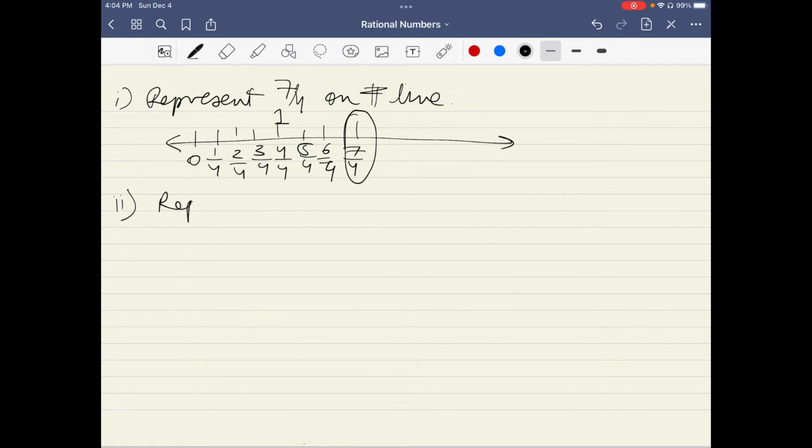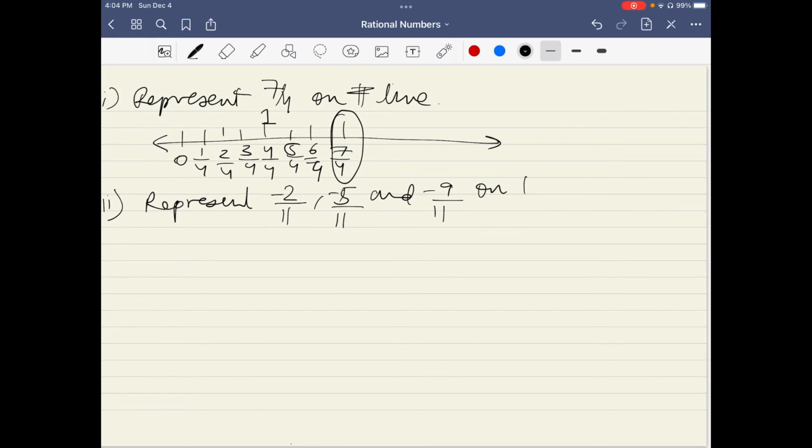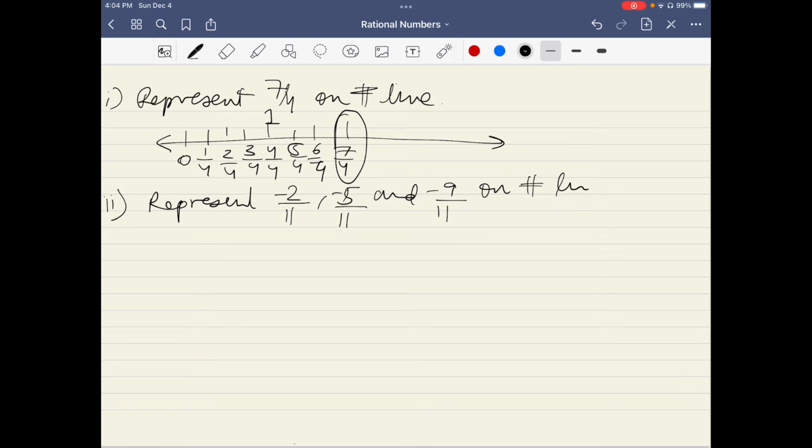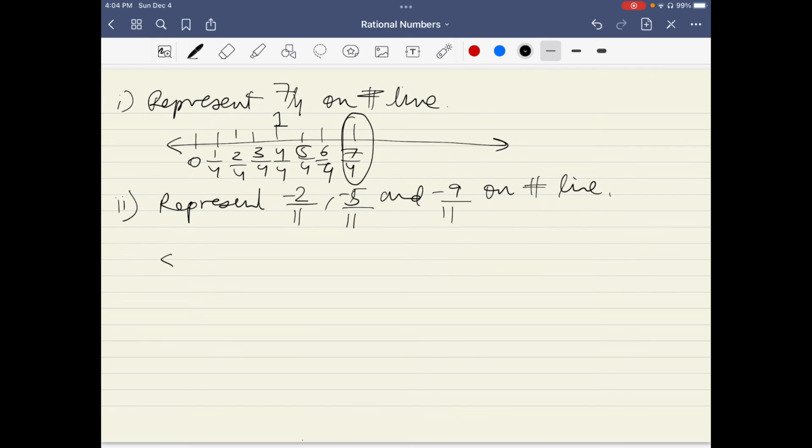And now second, represent minus 2 over 11, minus 5 over 11, and minus 9 over 11 on the number line. Okay, we draw the number line, and it's to the left of 0, since it's negative.